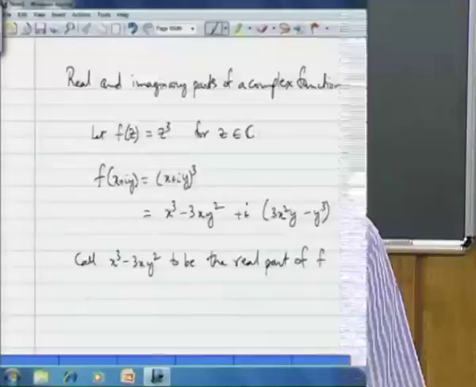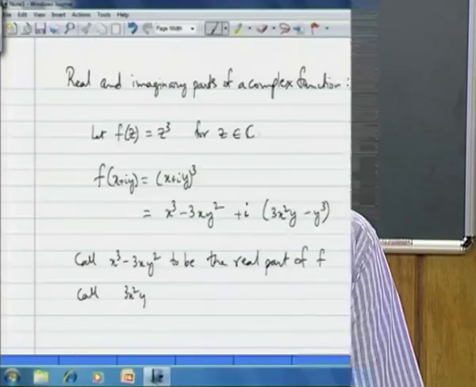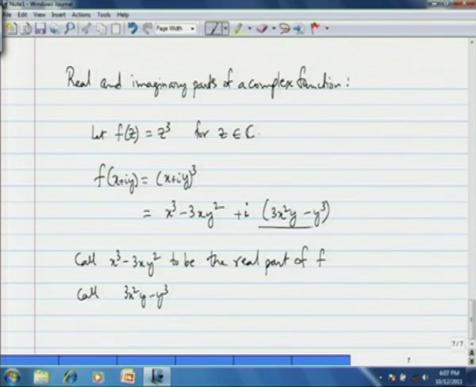So, it has been calculated generically. This x cube minus 3 x y squared is always going to denote the real component of the image of a point z under f. And similarly, we call 3 x squared y minus y cube, which is essentially the coefficient of I here, the imaginary part of f.